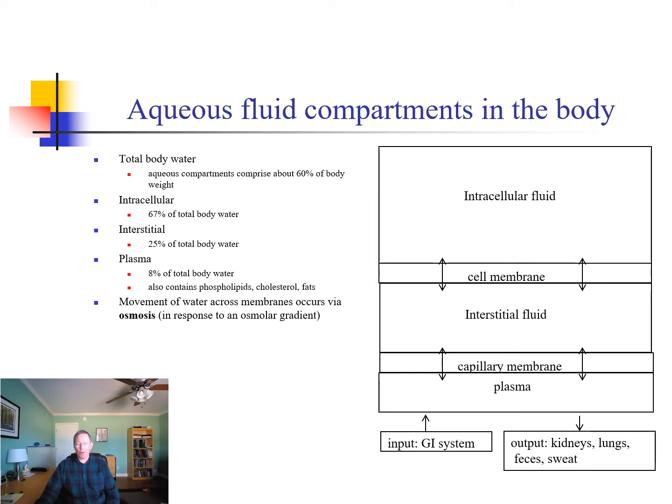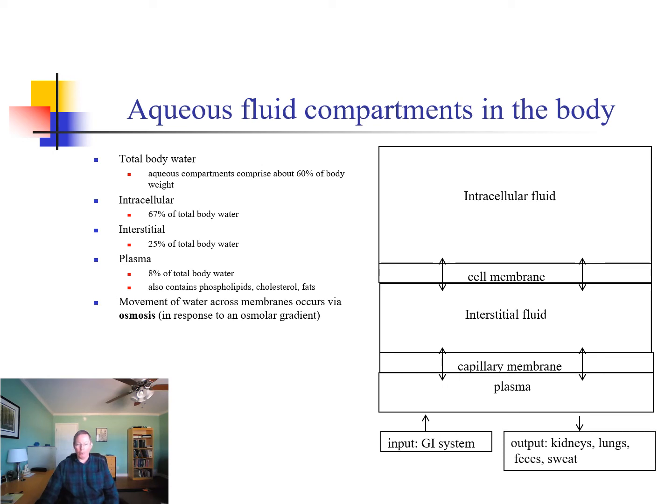Now, depending upon what book you read, we will look at total body water as being about 60% of your weight. That is, if you were to take all the water out of me, about 60% of my weight would go away. And this does vary depending upon the person. Some people will have more fat in their bodies than others, and so that will not be an aqueous component.